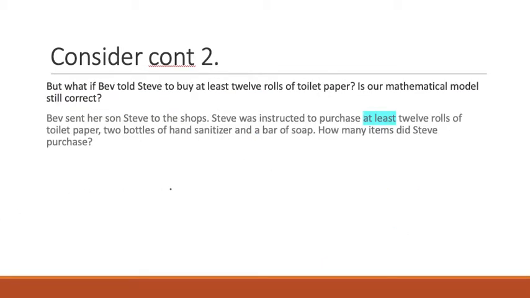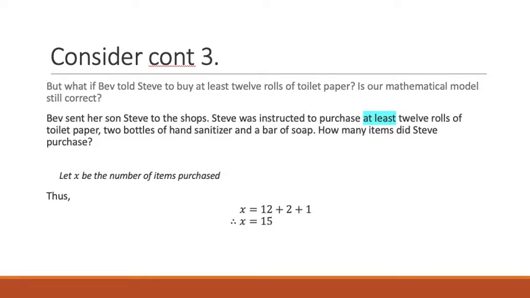Bev sent Steve to the shops. Steve was instructed to purchase at least 12 rolls of toilet paper, 2 bottles of hand sanitizer, and a bar of soap. How many items did Steve purchase? Well, the model that we originally had, x equals 15, does that really work?